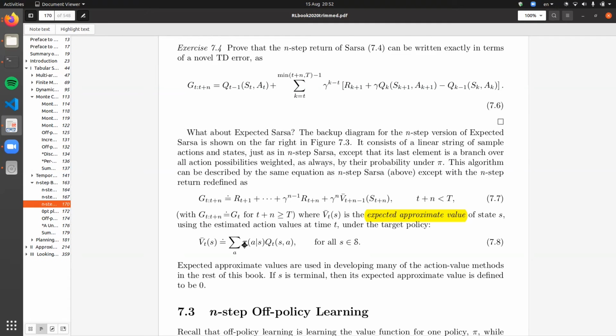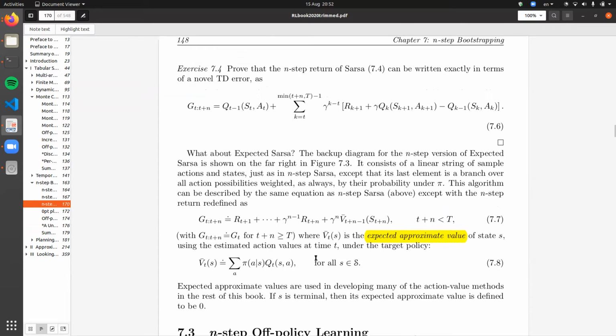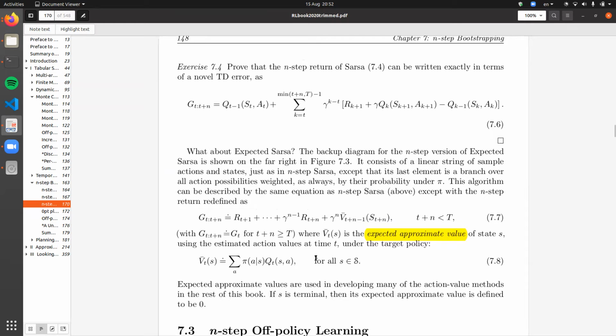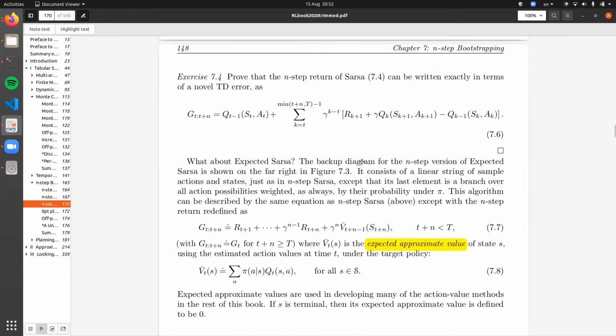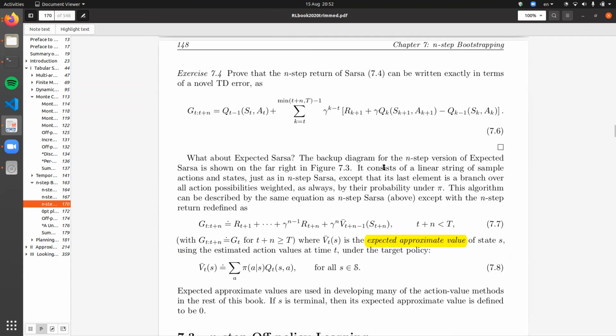What do you mean? What do you think, Steve? I would have agreed with what Ardo said there. Yeah, I thought taking the expectation would reduce the variance because you are averaging over the various actions at the end as opposed to just choosing one.